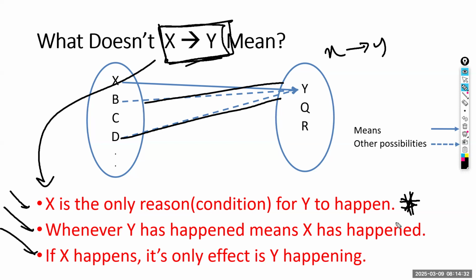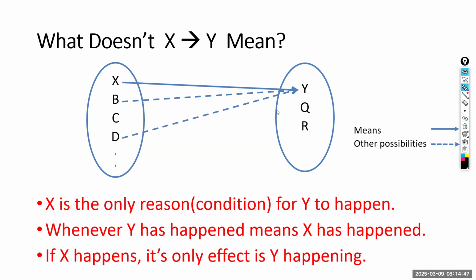Second one, which my statement doesn't imply: whenever Y happens, X has happened. Do you think that my statement covers that? What I say is whenever X happens, Y happens. Does it mean whenever Y has happened, X must have happened? Must the person who gave this statement defend this?